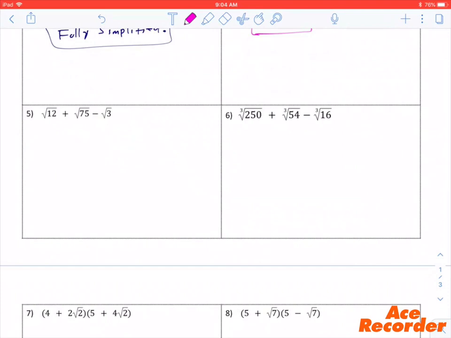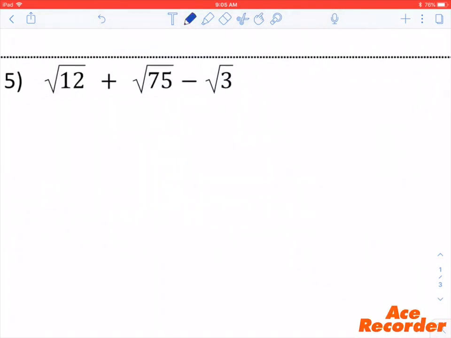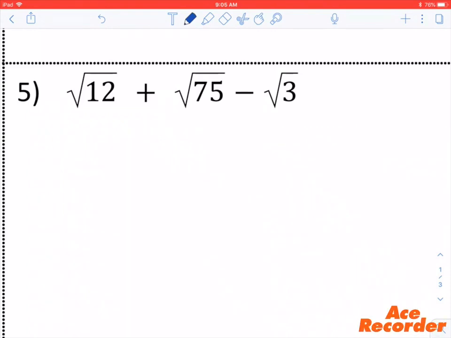Okay? Now, what we get into for these two is we have to simplify first. So in this case, none of those are the same radical, but it doesn't mean we can't make them the same radical. So we're looking for groups of 2 here. So let's simplify each of these. So that's 4 and 3, 2 and 2.